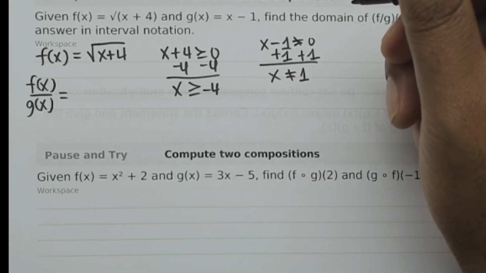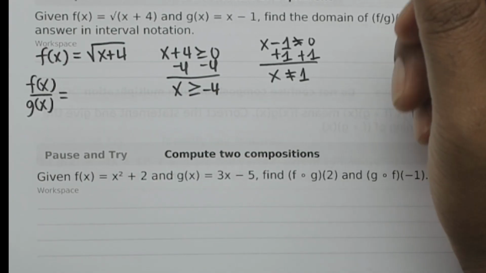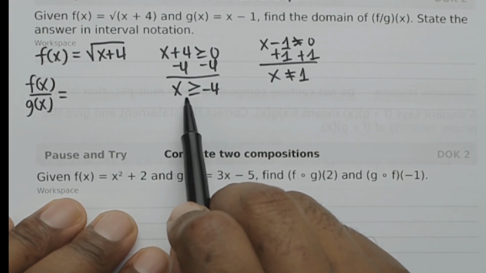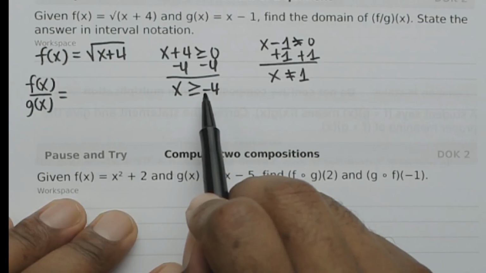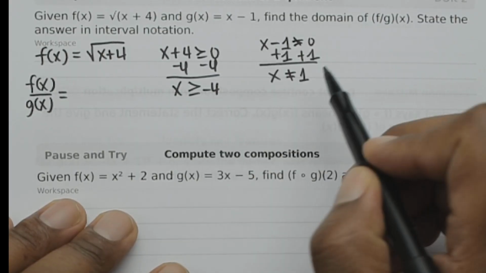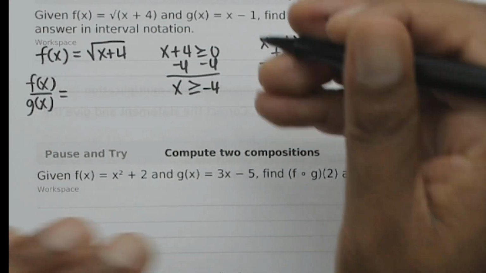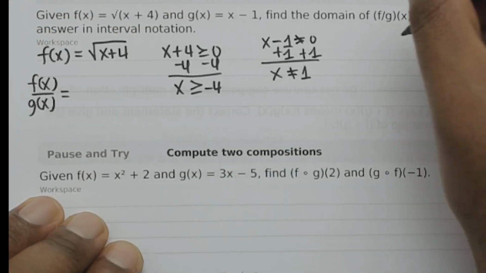So the domain must satisfy both restrictions. x must be at least -4, but it cannot equal 1. What does that look like from a domain standpoint?